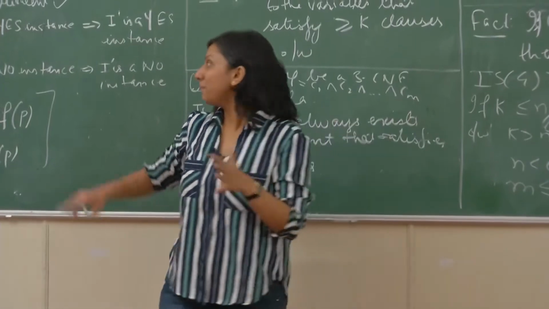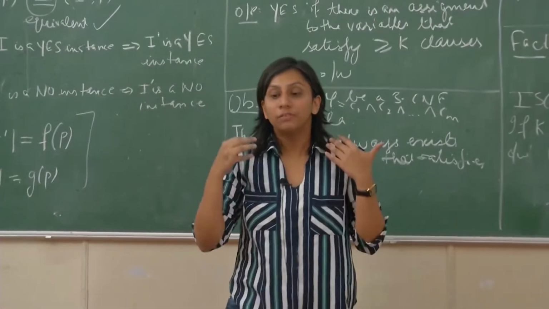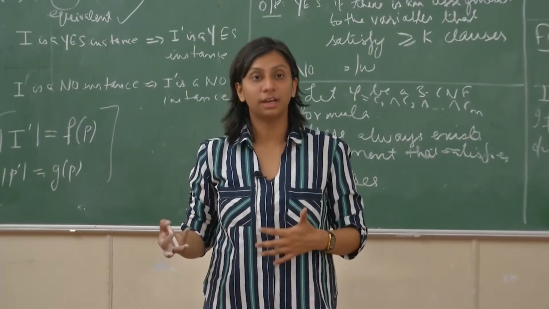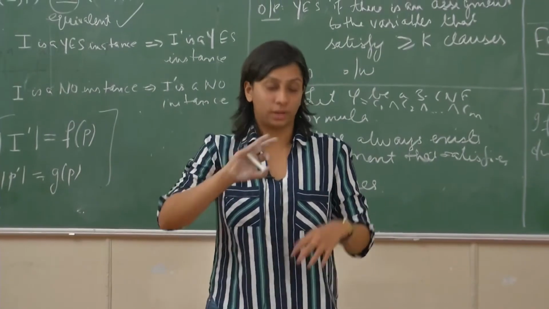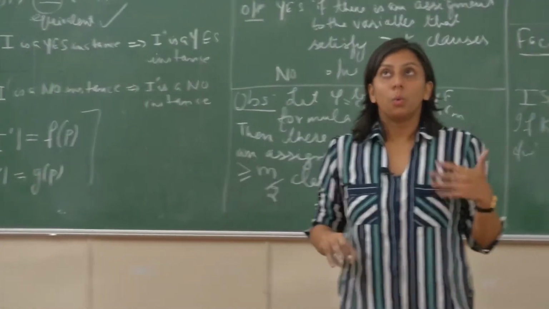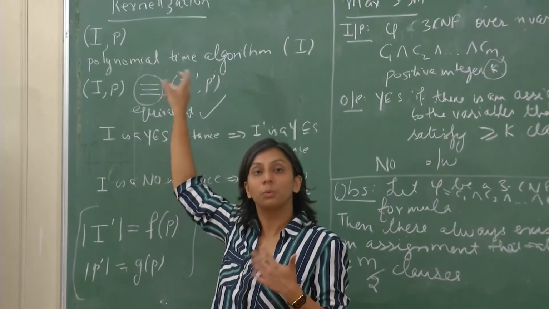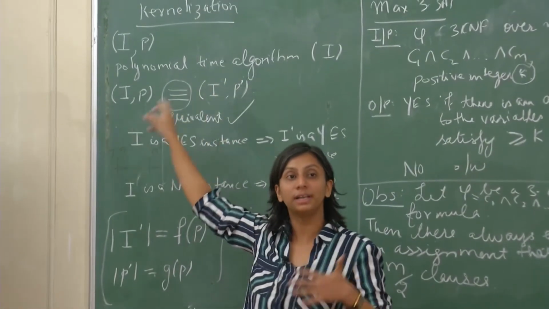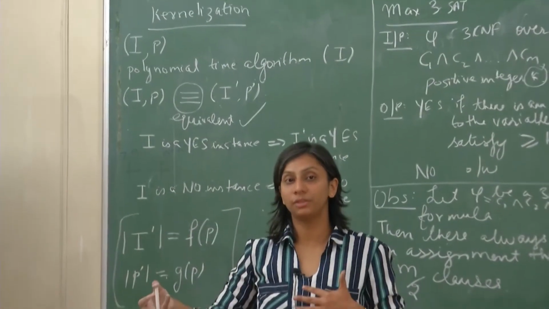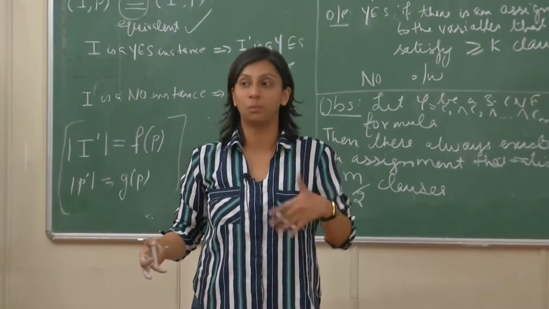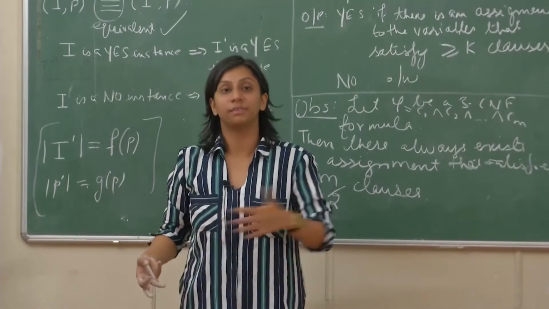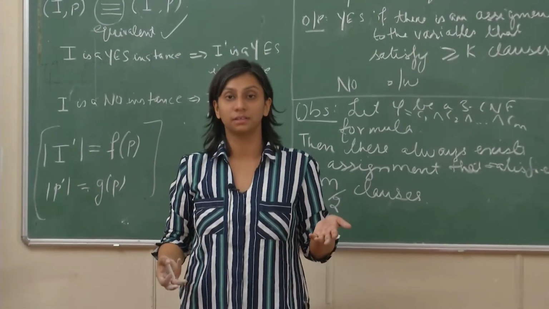But when I'm designing a kernel, do I really have to look at the coloring of the graph? In other words, what is this polynomial time algorithm doing? Will it first compute the coloring of the graph and then do something, or can it avoid computing the coloring of the graph and just conclude something?